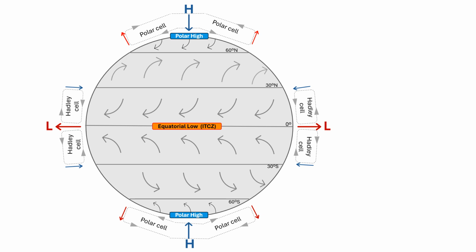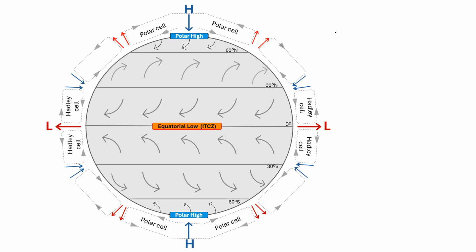When it hits the surface of the Earth, it diverges, it spreads out in all directions. Some of that surface wind is going to be directed towards the poles. Some is going to be redirected back down to the equatorial regions.